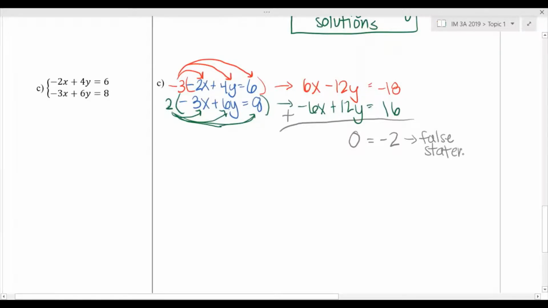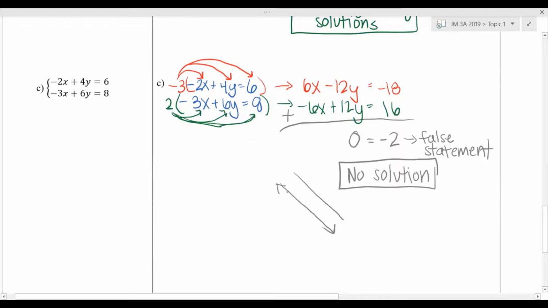And so when we have this, that's when we have no solution. So that's when, remember when we graphed, these lines are parallel lines.